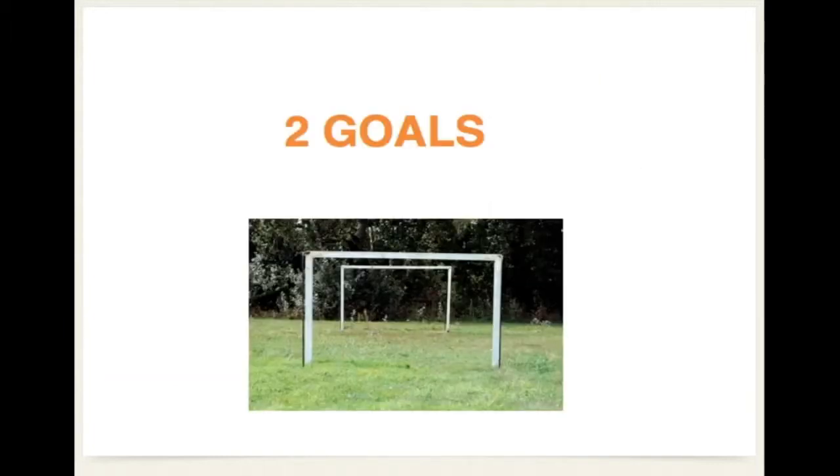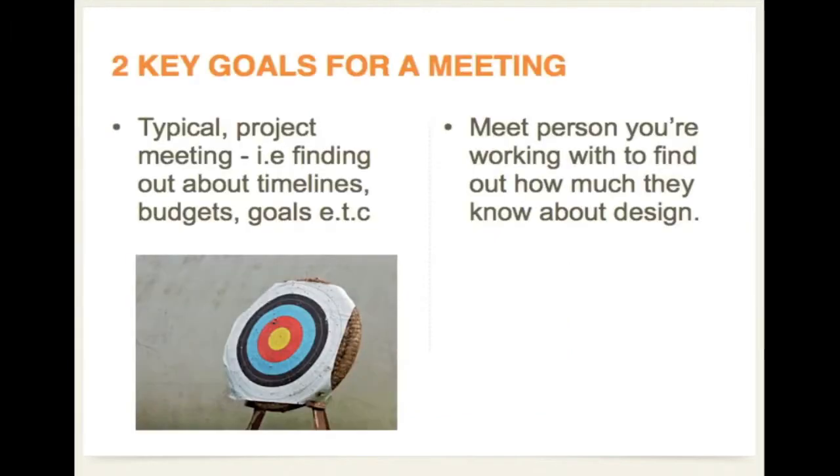Set yourself two goals for the first meeting. Your first goal is to find out about the project, as you would any other project. The whole timeline, budget, goals, etc., in order to create a good design brief to work from. That's the things that you usually look out for. The second kind of goal you want, and perhaps the most important, is to try and meet the person, or at least speak to them on the phone, that you'll be working with.